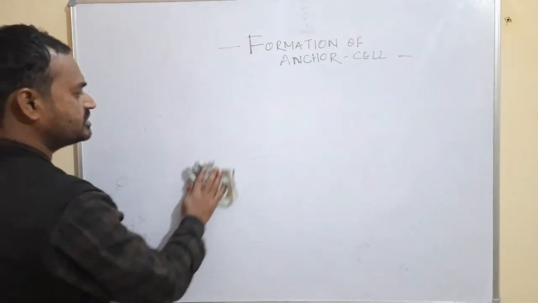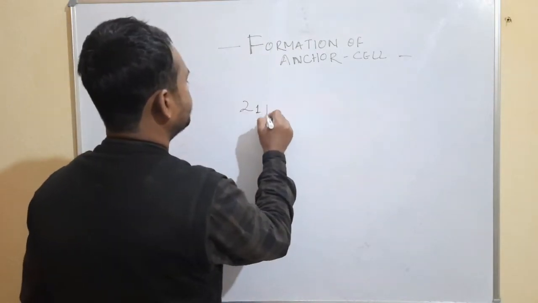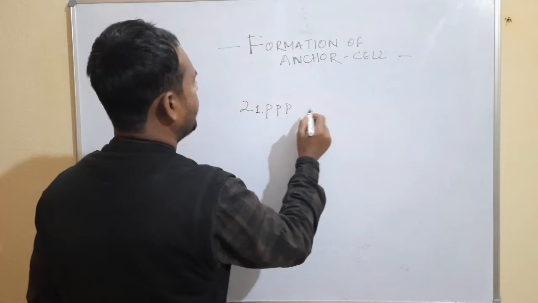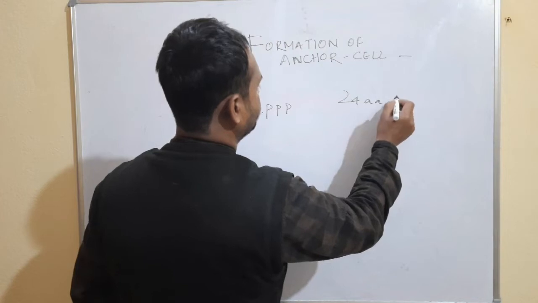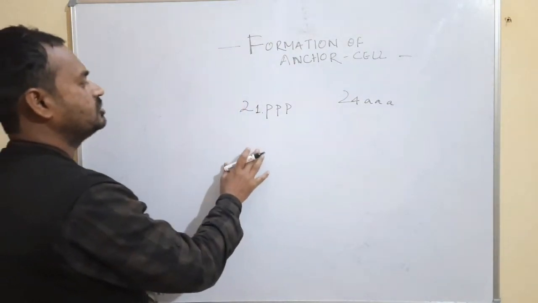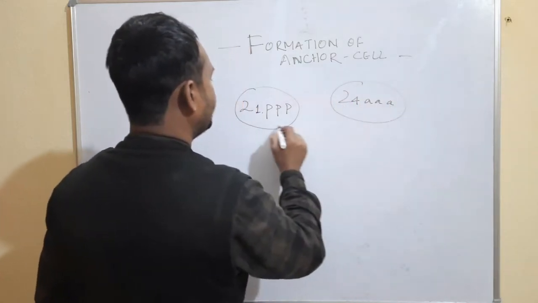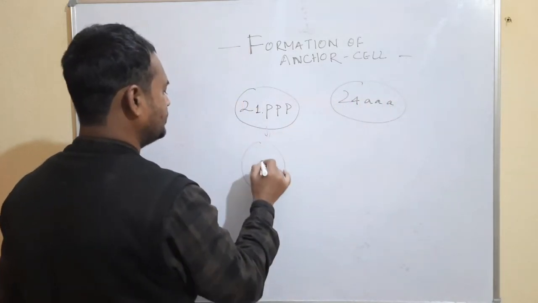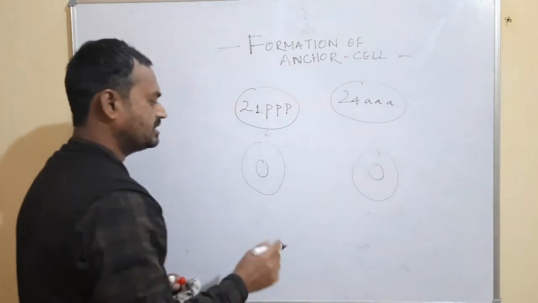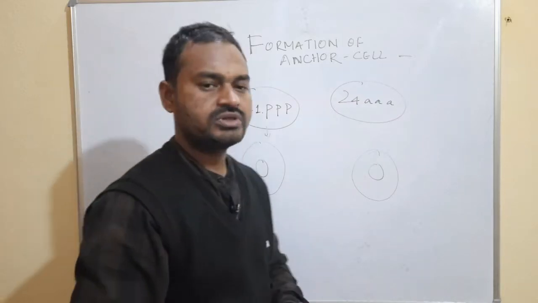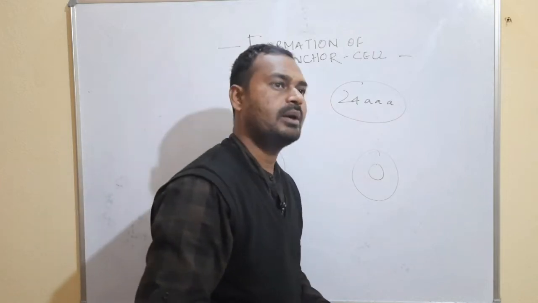Out of 4 cells we have these 2 cells, and they will undergo the development of the anchor cell.